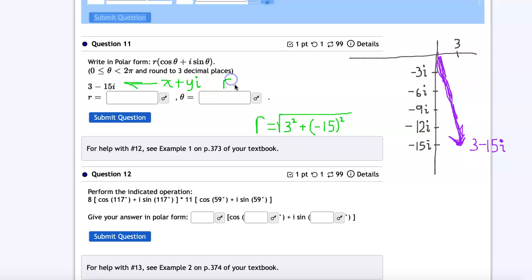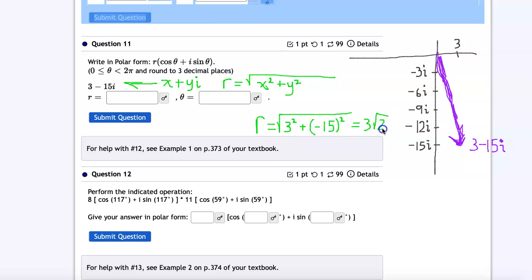The formula I'm using is that r is equal to the square root of x squared plus y squared. Notice you don't square the i, you only square the y in front of the i.